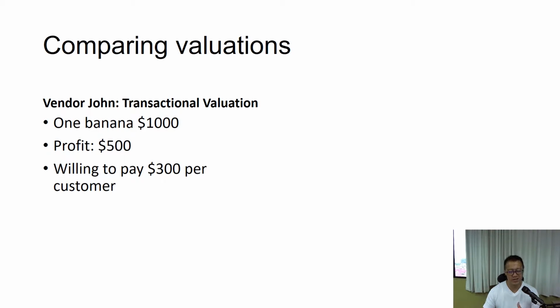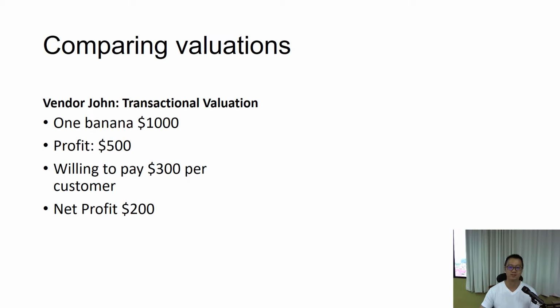So he figures, well, I'm profiting $500, and I'm willing to pay $300 in marketing to get one customer. So at the end of the day, I take home $200. Fair call, right?